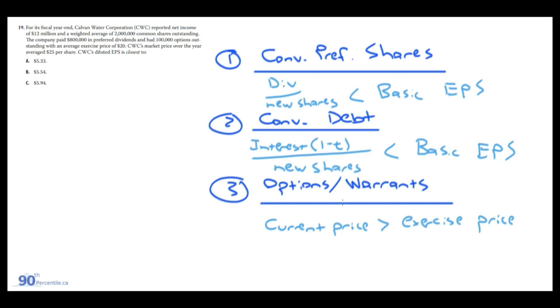And then finally, for options and warrants, if the current share price is greater than the exercise price on the options and warrants, they will be dilutive as well. We'll dive more into options and warrants in the derivative section, but for now, this is all you need to know.